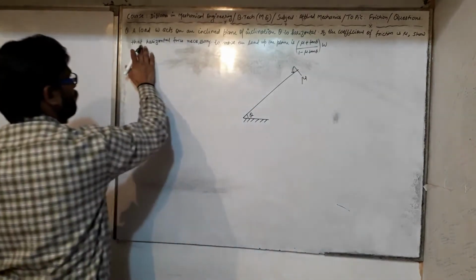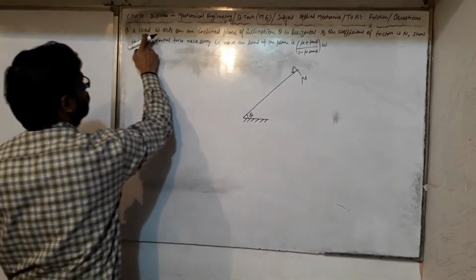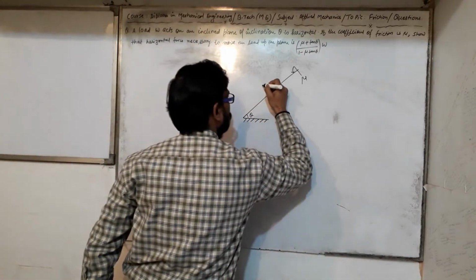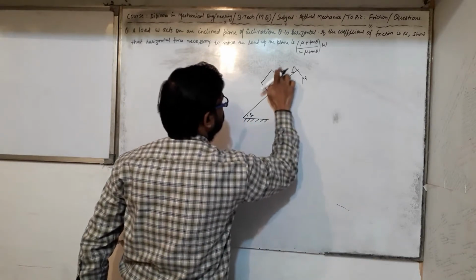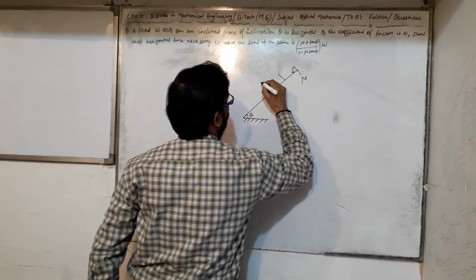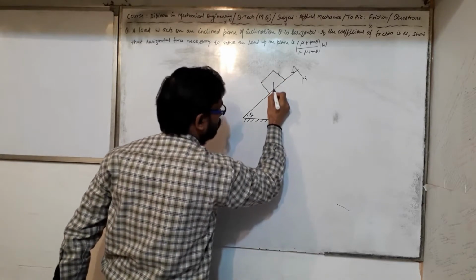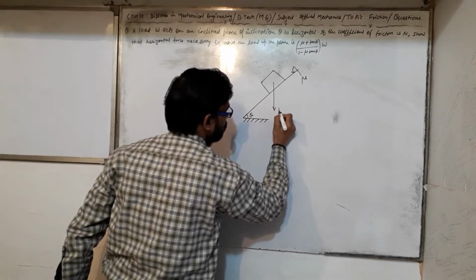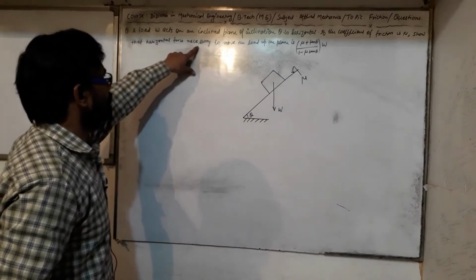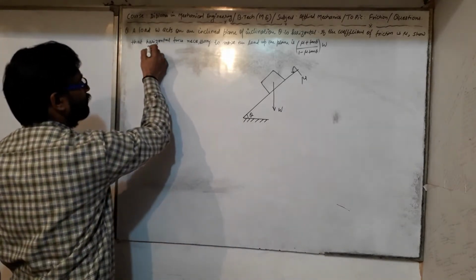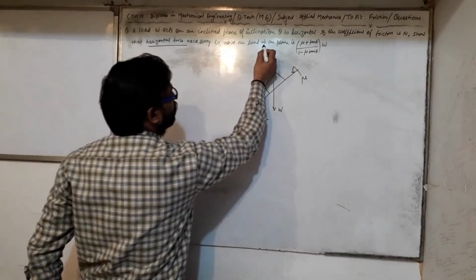So we have to show a horizontal force necessary. The body is placed here, W is its weight, so W is acting in this direction. Now the question is saying a horizontal force is required to move the load up.